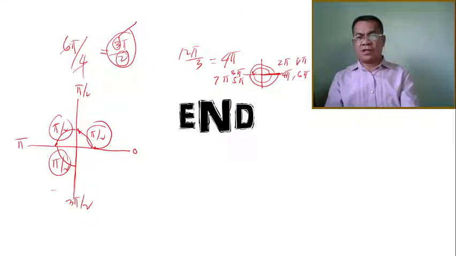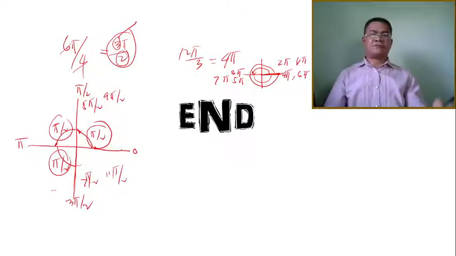Take note, this is pi over 2, this is 3 pi over 2, then 5 pi over 2, then 7 pi over 2, then 9 pi over 2, and this is 11 pi over 2, and so on. That's it.